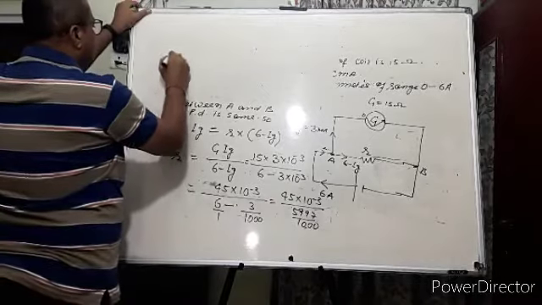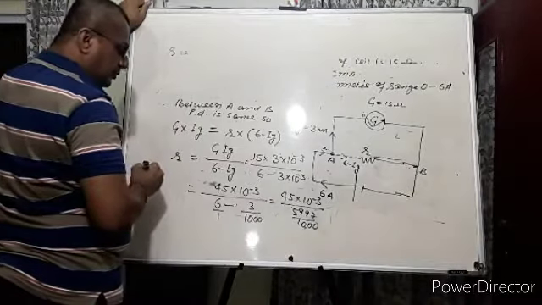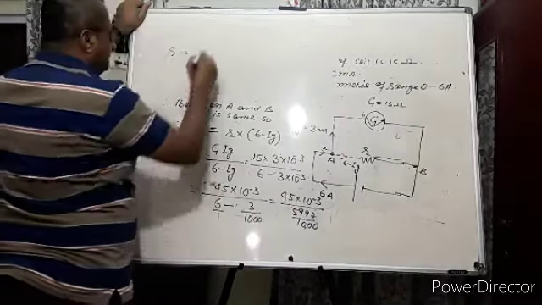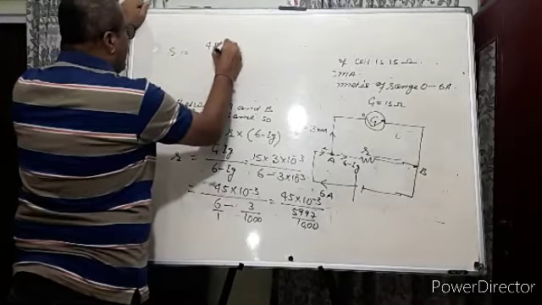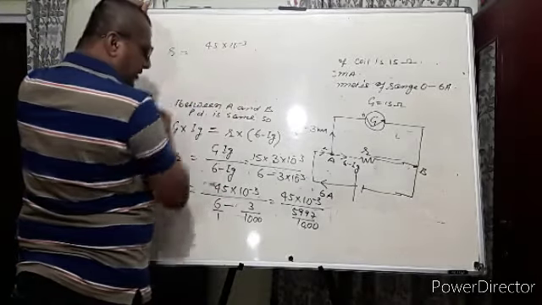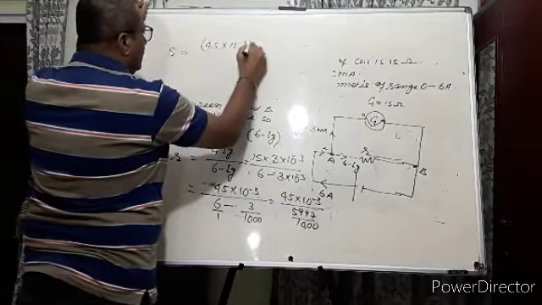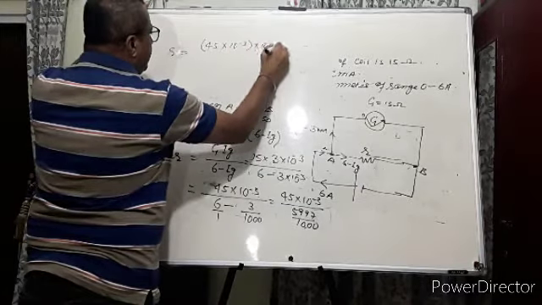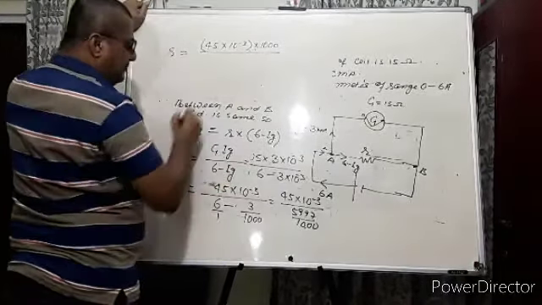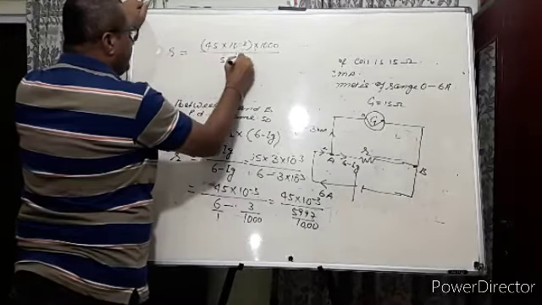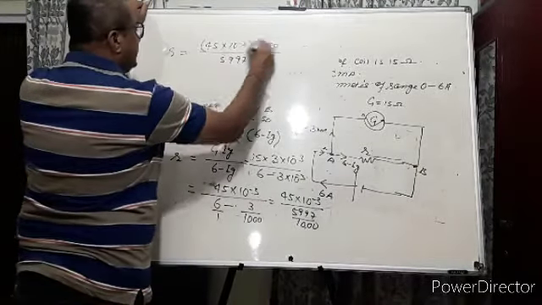R is equal to 45 into 10 to the power minus 3 divided by 1000 divided by 5997. This will be cancelled.